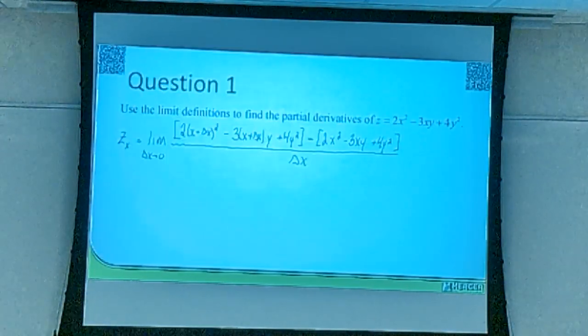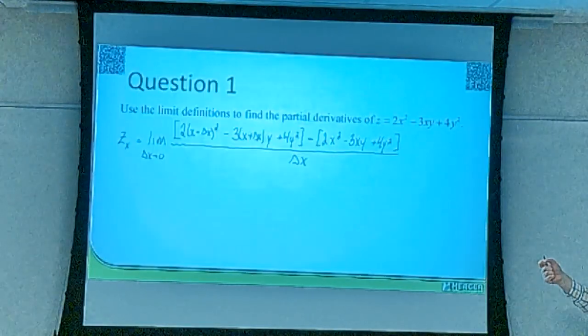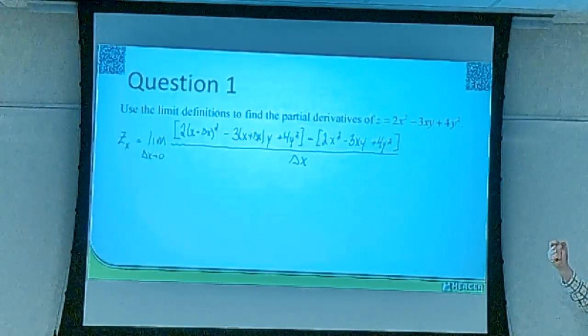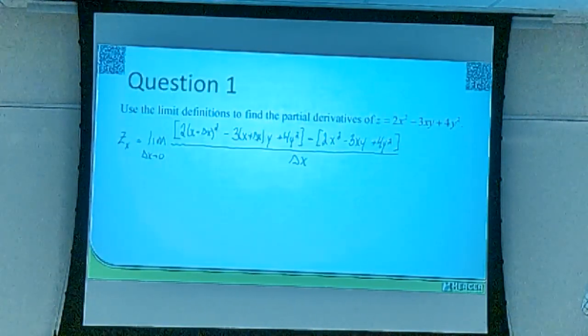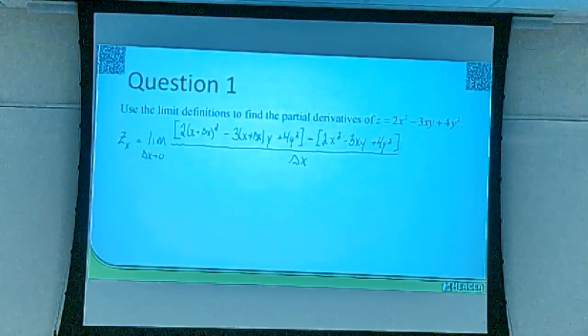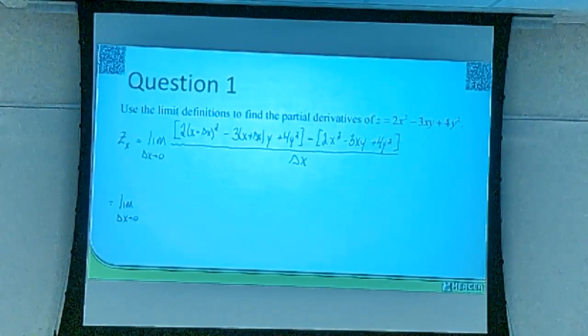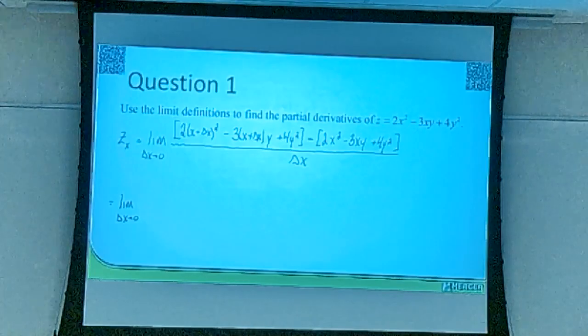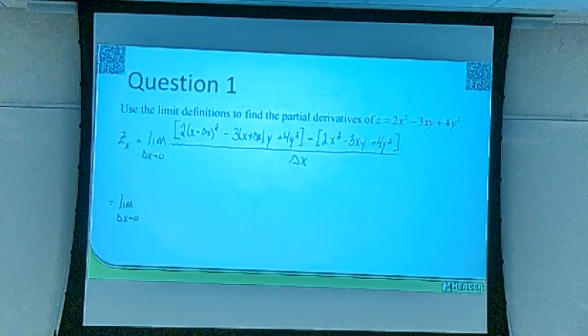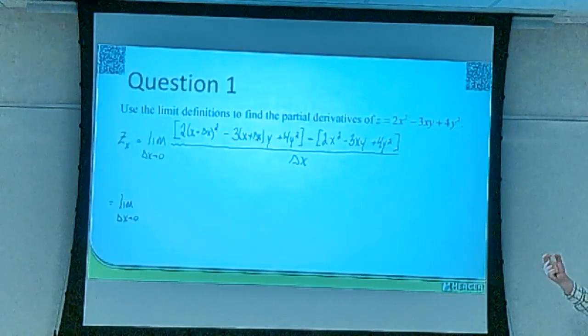And notice by necessity, direct substitution will always give you 0 over 0, and you have to simplify. Thankfully, no one can do partial fraction decomposition of these. Expand out that x plus delta x squared first.